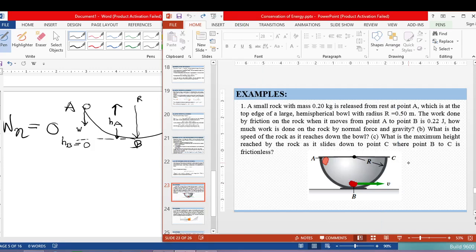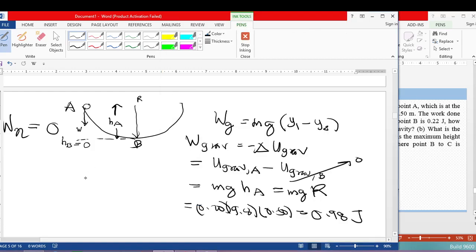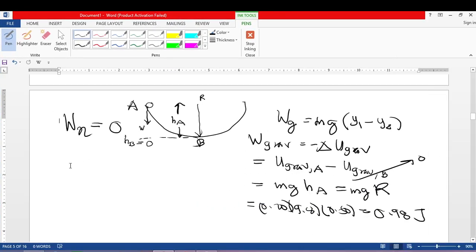Okay, letter B. What is the speed of the rock as it reaches the bottom of the bowl? Assuming again that we include friction, we have to use 1/2 mv1 squared plus mgy1 plus the work other than gravity, which is only the friction, is equal to 1/2 mv2 squared plus mgy2.